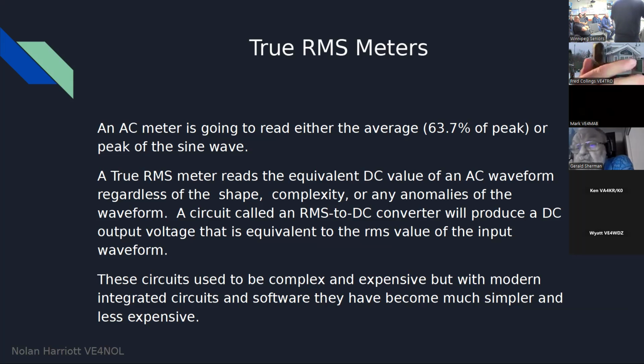So the circuit is called an RMS to DC converter. It will produce a DC output voltage that is equivalent to the RMS value of the input waveform. These circuits used to be very complex and expensive, but with modern integrated circuits and software, they've become much more simple. Pretty much all your new meters today are software based.